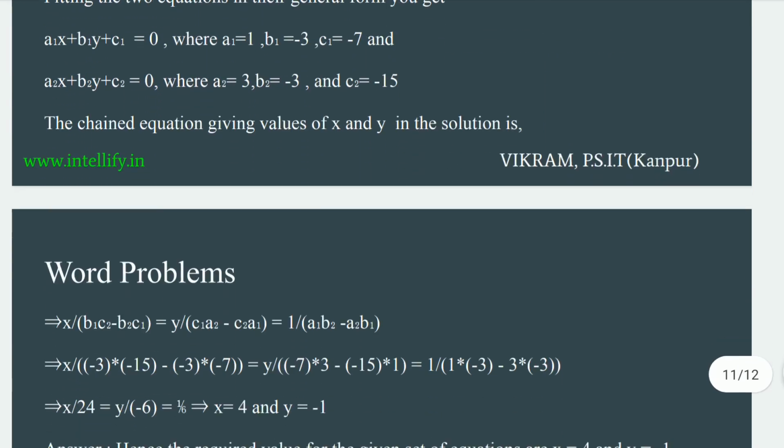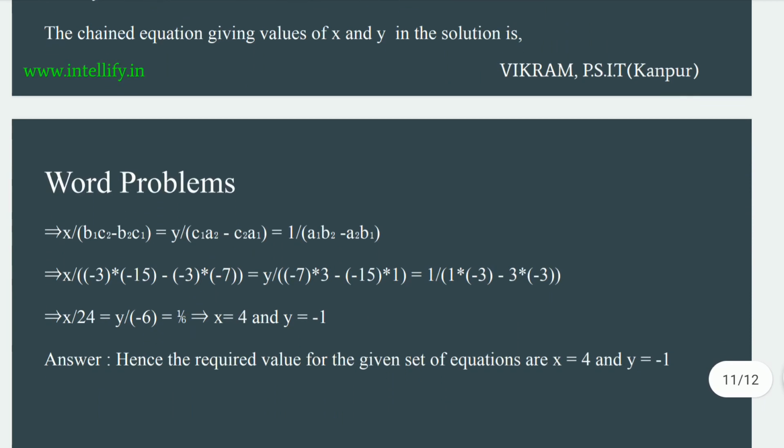So we are going to use the formula that we have learned, that is x upon b1 c2 minus b2 c1 is equal to y upon c1 a2 minus c2 a1 is equal to 1 upon a1 b2 minus a2 b1.